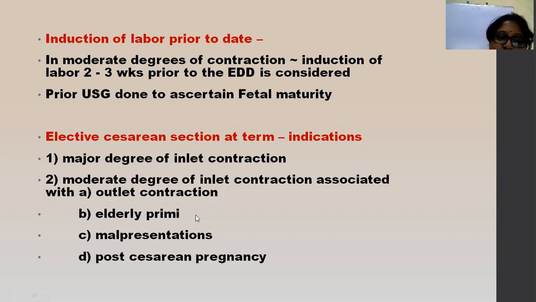Or in case the woman is an elderly primi, has any malpresentation like breech, is a post-cesarean pregnancy, or has any medical complicating diseases like preeclampsia, diabetes, or heart disease, in such cases also you can directly plan an elective cesarean at term.